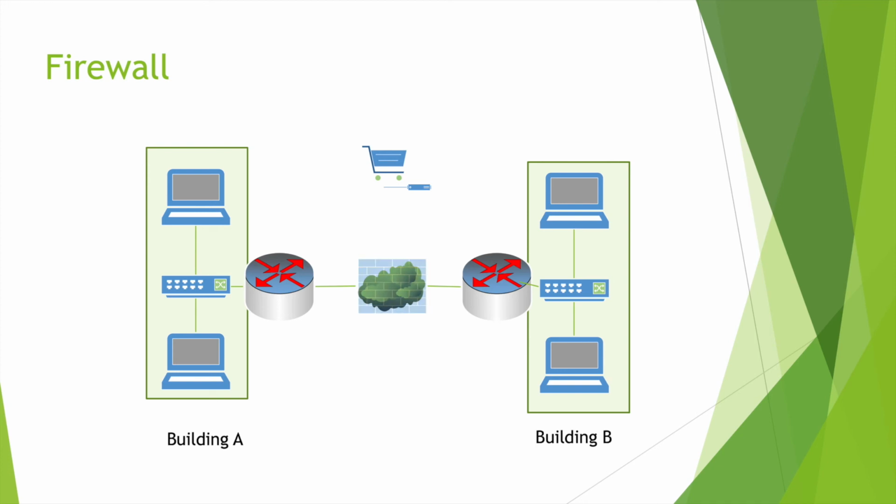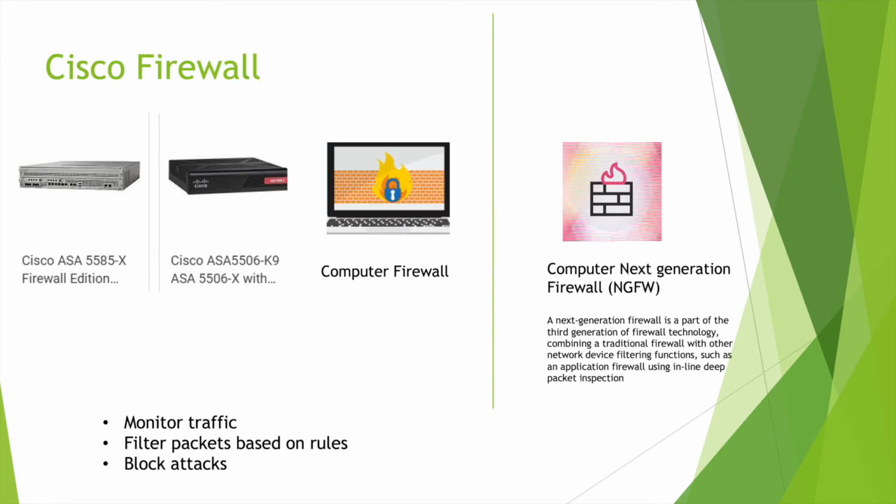So that's basically a firewall, which has a set of rules or policies which can secure building A and building B communication without interruption or without having anyone getting that information. We have multiple types of firewall.